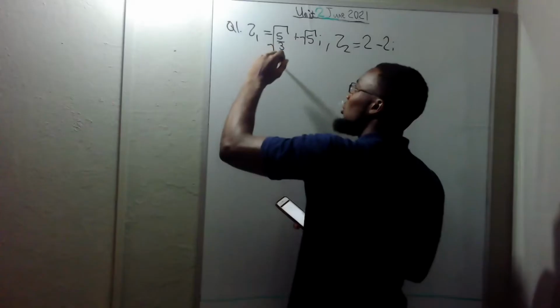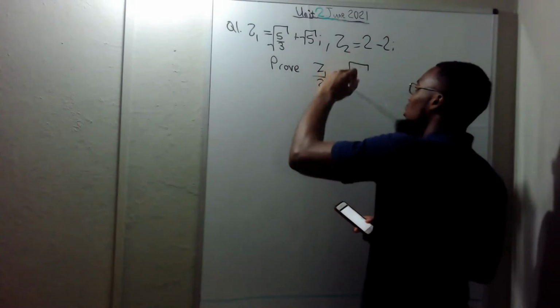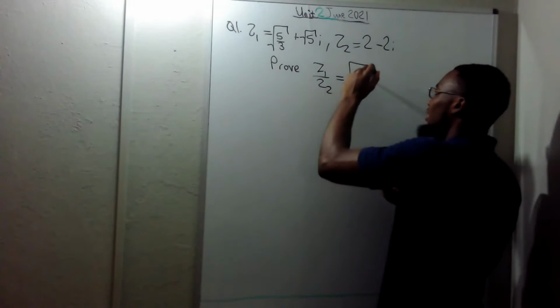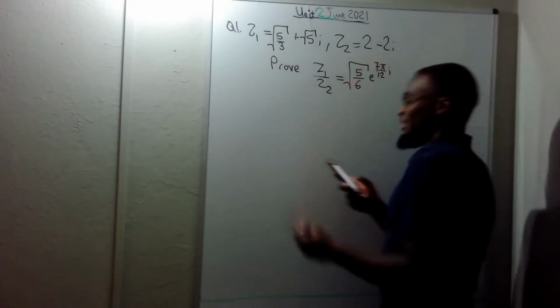We need to prove that z1 over z2 is the square root of 5 over 6 e to the 7 pi over 12 times i.